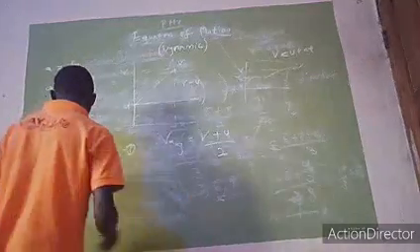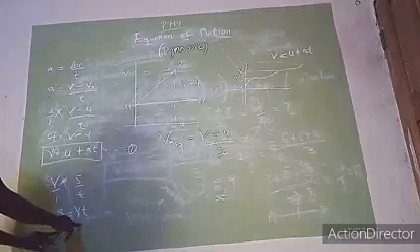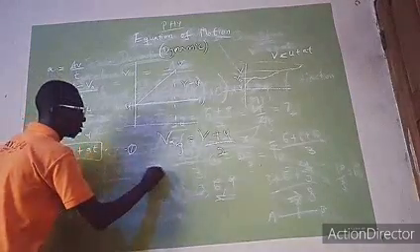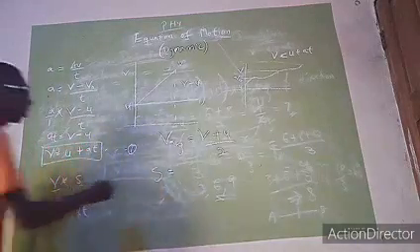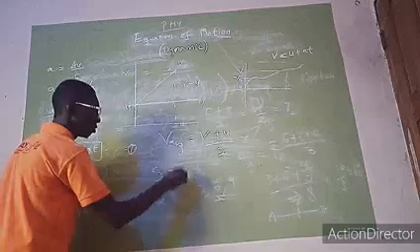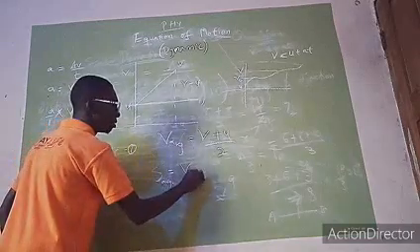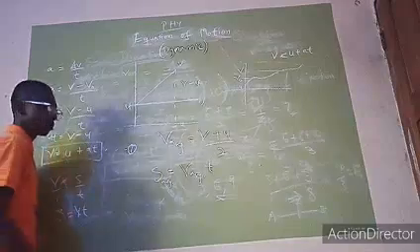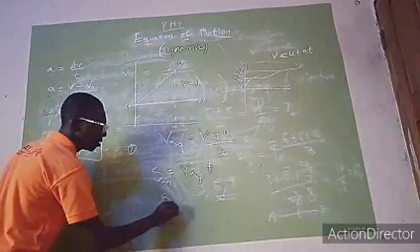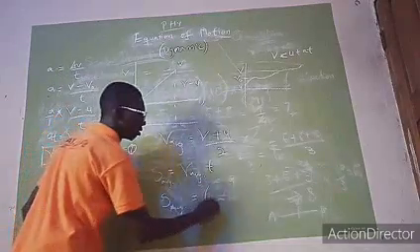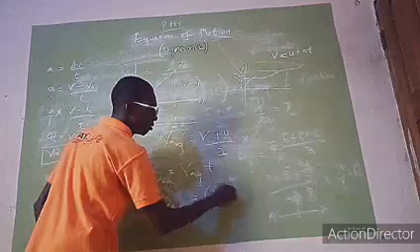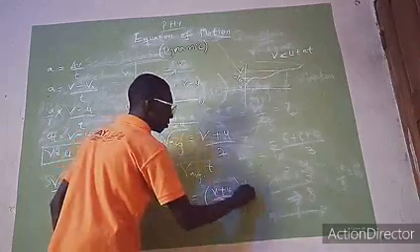So now I can make it here. Average distance traveled can be equal to, since distance is equal to Vt, average distance traveled is also equal to average velocity times time. So average velocity is V plus U over 2, times time.